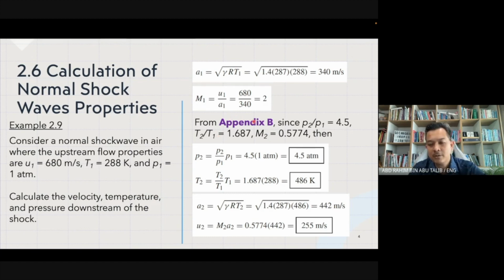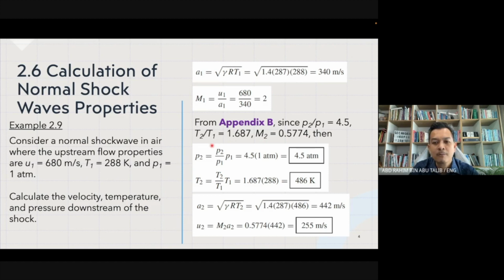So from Appendix B, we have these values: P2 over P1 equal to 4.5. So we have the pressure ratio given at Mach 2, equal to 4.5. We also have the temperature ratio when M1 equal to 2, which is 1.687, and the corresponding M2, which is downstream of the shock, equal to 0.5774.